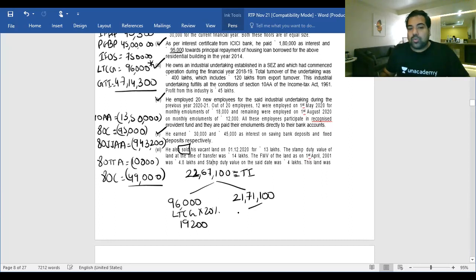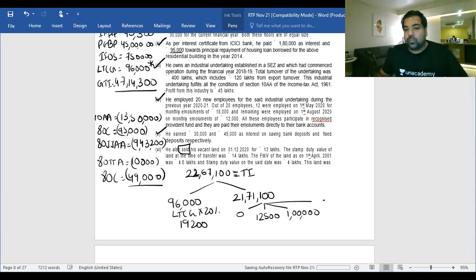On that, on the first 2.5 lakhs nil, from 2.5 to 5 lakh 12,500, from 5 lakh to 10 lakh 1 lakh, and from 10 lakh to this amount into 30%, 3 lakh 51,330.